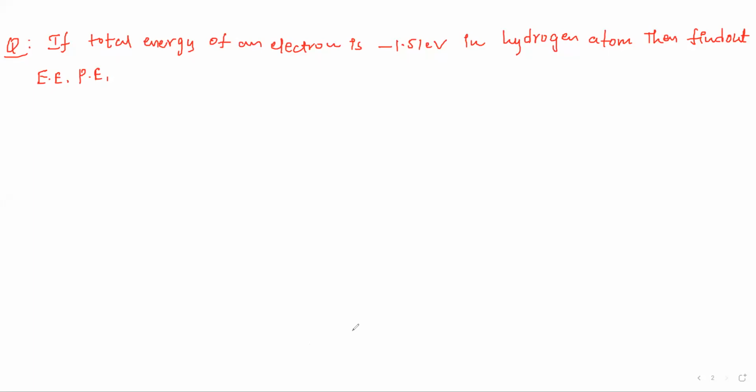Kinetic energy and potential energy. Okay, and next the orbit, and which orbit it will be, the radius and the velocity of the electron in that orbit.